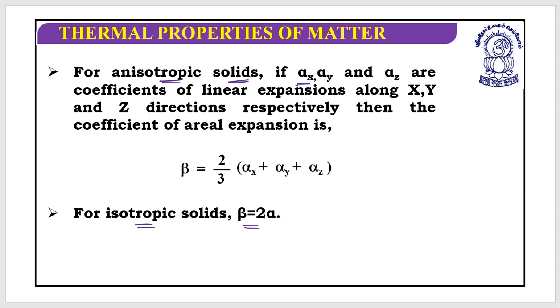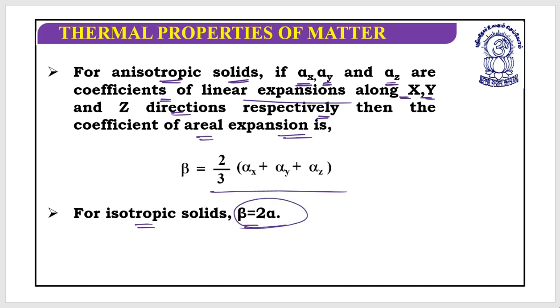So for anisotropic solids, if alpha x, alpha y, and alpha z are the coefficients of linear expansion along x, y, and z directions respectively, then the coefficient of areal expansion could be written as beta is equal to 2 by 3 into bracket alpha x plus alpha y plus alpha z.